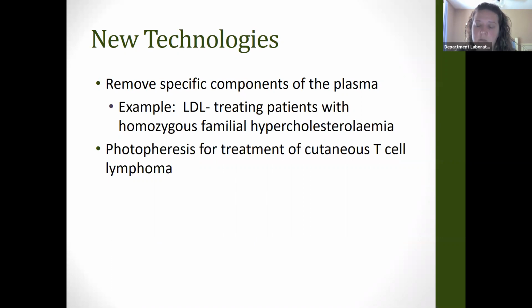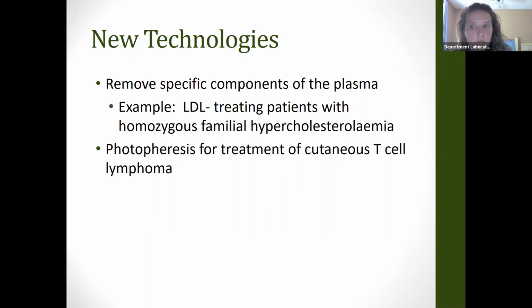So we're starting to also see the apheresis process be used to treat hypercholesterolemia. So for those patients that it's a genetic condition, they have an increased cholesterol. Apheresis is being used to remove that cholesterol to lessen the patient's cholesterol, help again alleviate their symptoms.